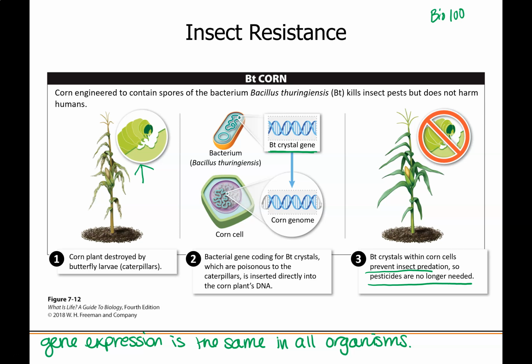And so this whole process, gene expression, which if you remember is called the central dogma, the process of transcription and translation, is the same or really, really similar no matter what organism you use. And so we can successfully transfer genes between living organisms.